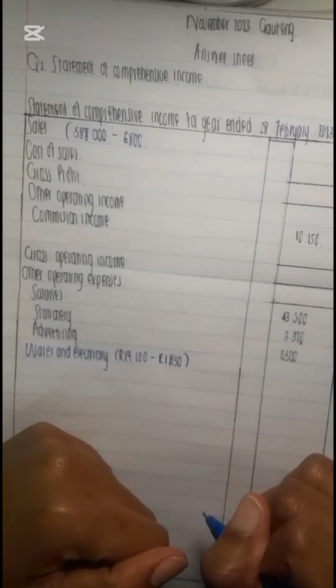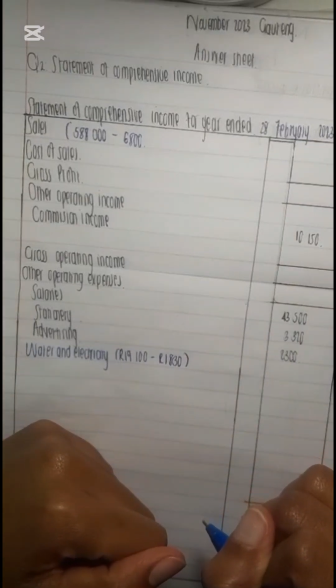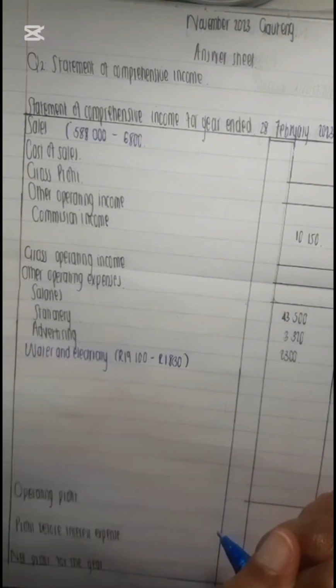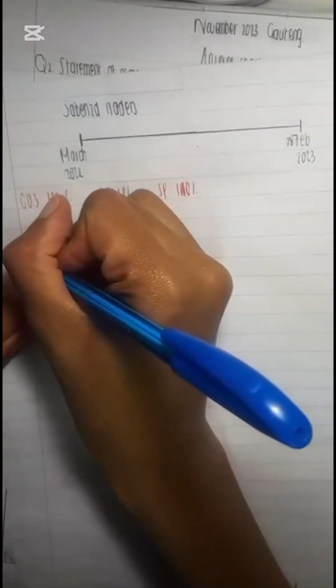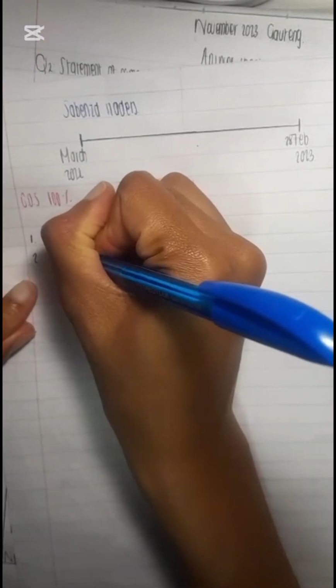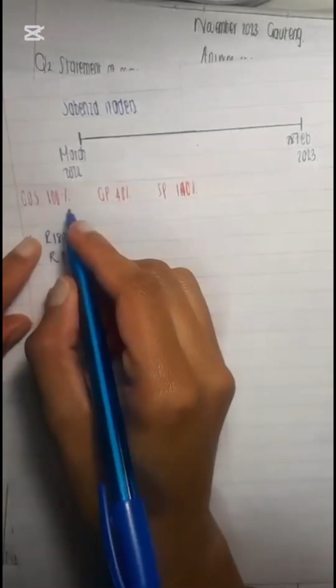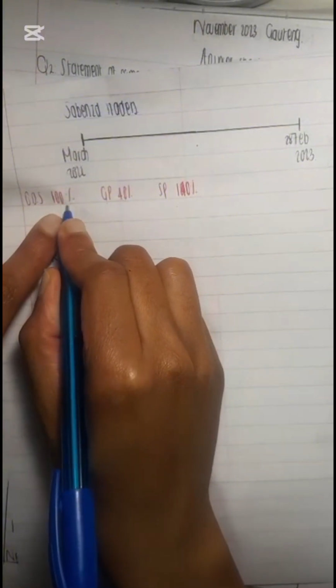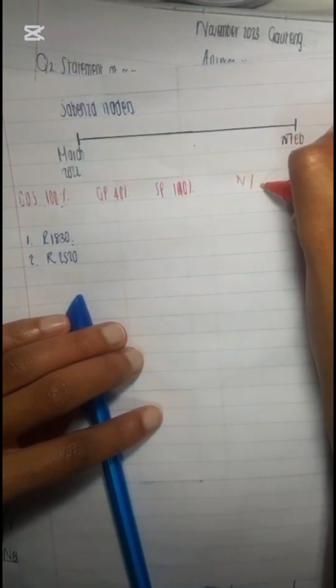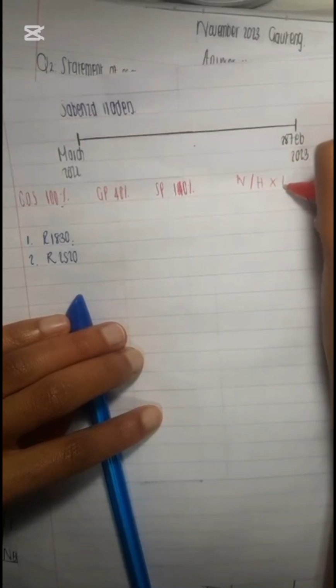The second one says that stock with a selling price of 2,520 was donated to a local orphanage. No entry was made. So number 2, we are given the selling price. We want the cost of sales. So what we want over what we have, always times the amount.